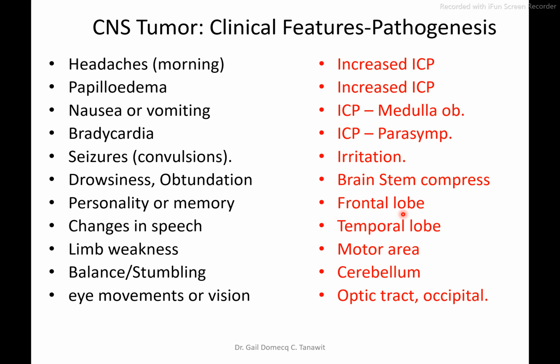Even if you don't have the benefit of the CT scan, by history and PE, you can already localize, right? That's important. Localizing the tumor, especially if you are thinking of a brain or CNS tumor, or even the spinal cord, you can localize what level is patent or what we call affected.